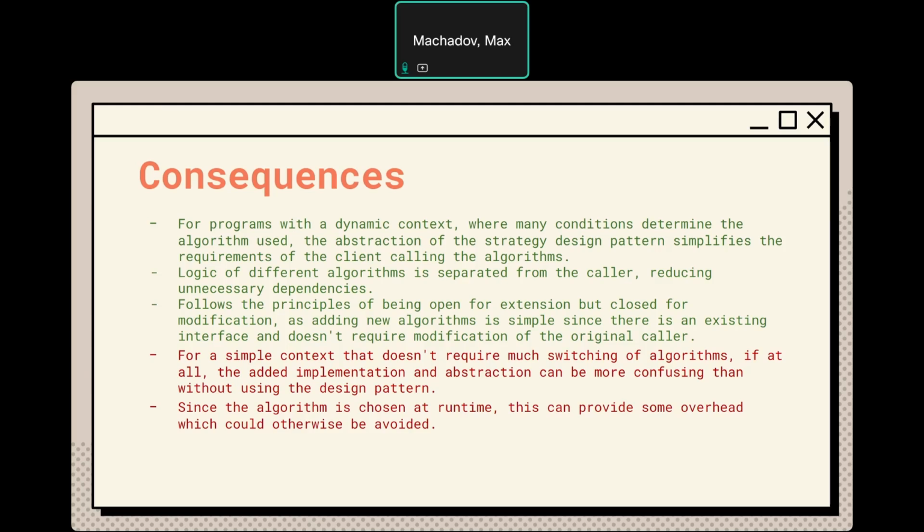Additionally, since the algorithm is going to be chosen at runtime, this can provide some overhead which could otherwise be avoided. If you have a way to determine which algorithm is going to be used at compile time, then it's going to be much quicker than checking a condition and running that program at runtime.